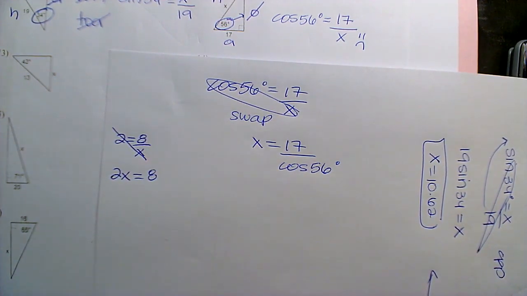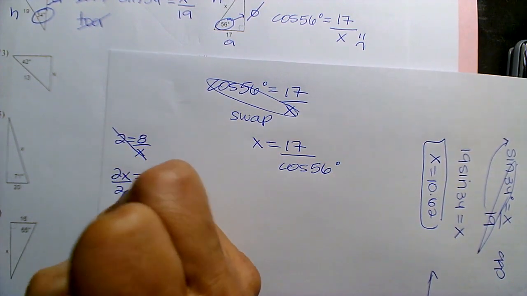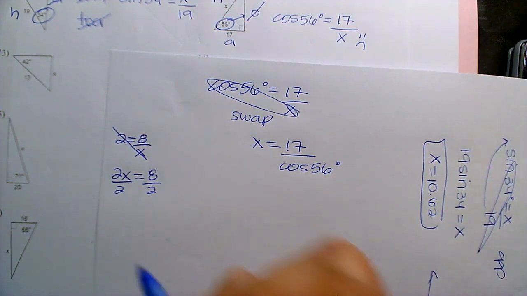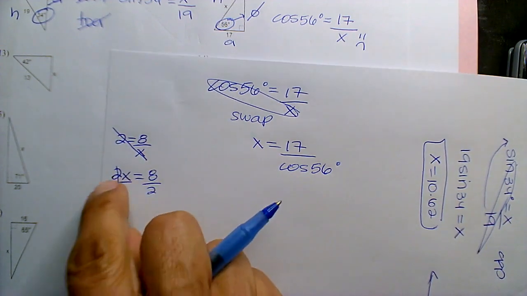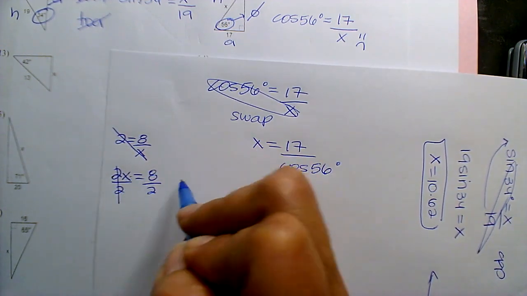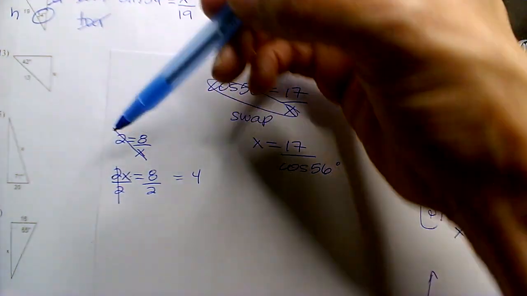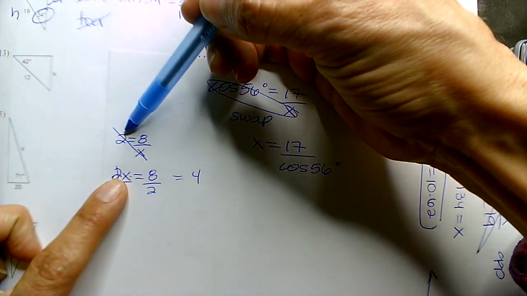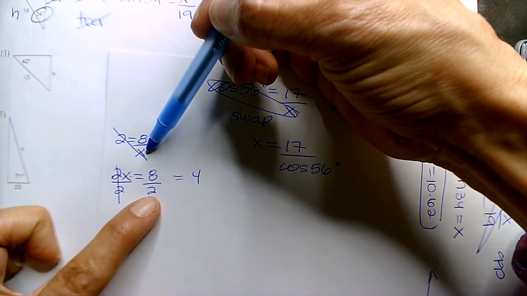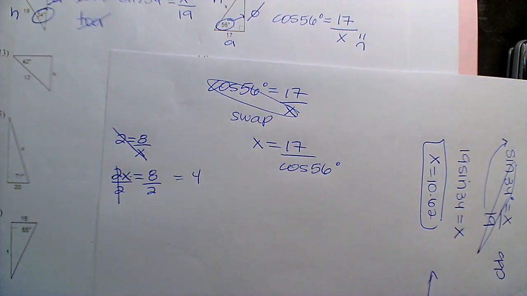But then what are you going to do with the 2? Divide it. And so where is it going to go? To the bottom. And so now you're left with x is equal to 8 over 2, which would give us 4. But see how x went to the top and then you divided out that coefficient and it went to the bottom? So you can go ahead and multiply and divide, or you can just say, let's one-step it, swap the positions.